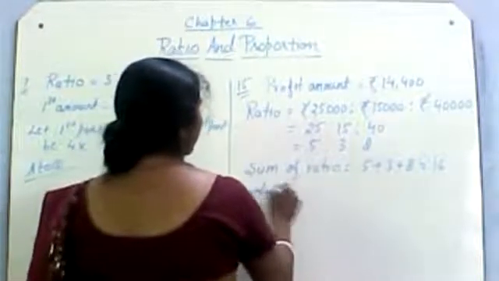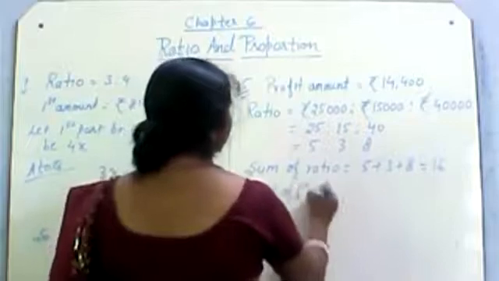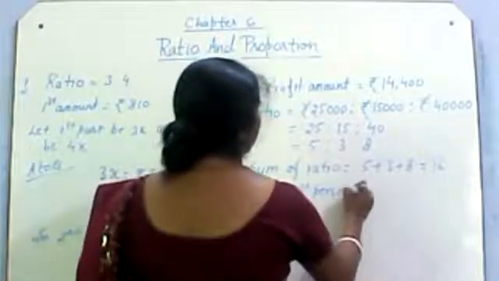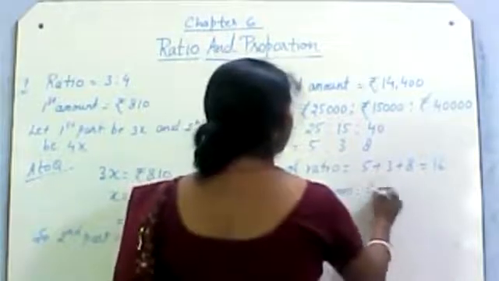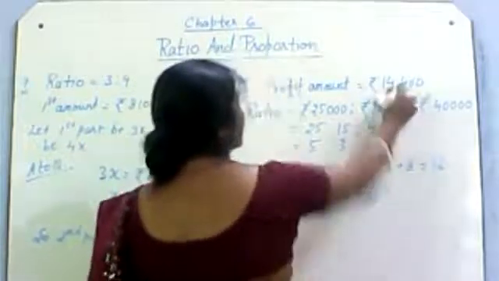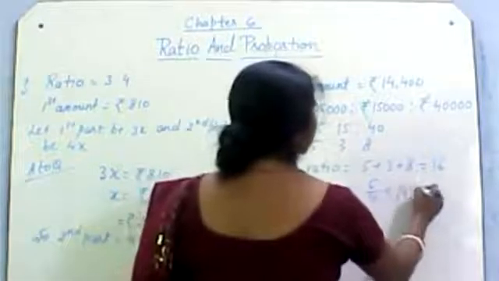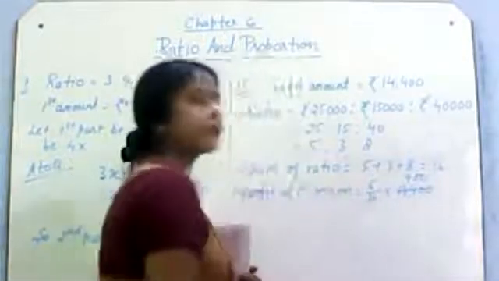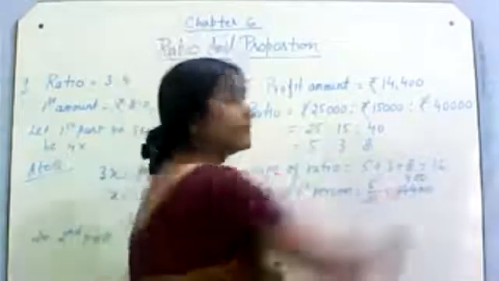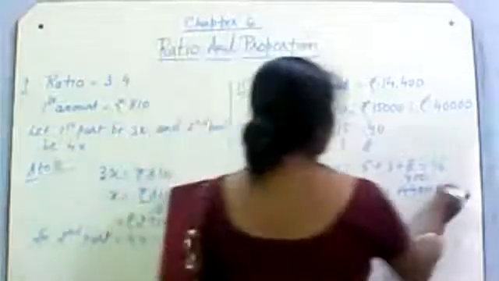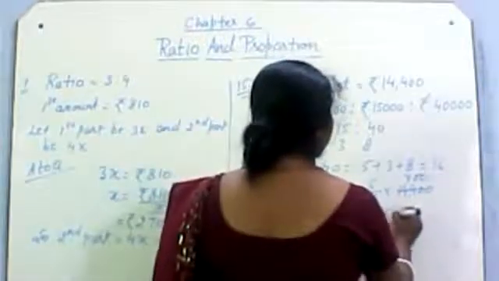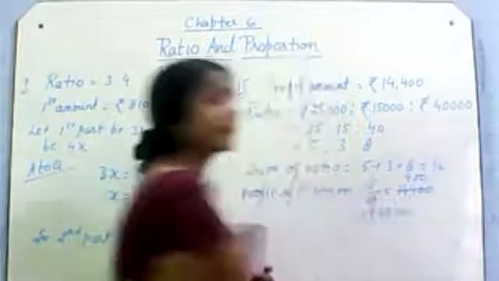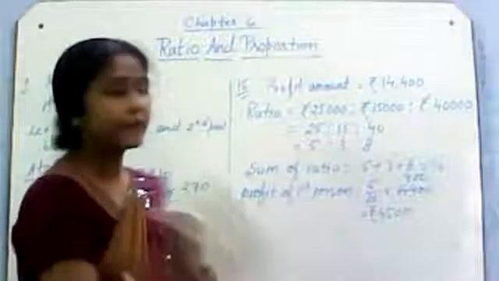Profit of first person is equal to 5 upon 16 into this profit 14,400. 14,400 divided by 16 is 900, and 900 times 5, so this one is 4,500. So first person will get 4,500.